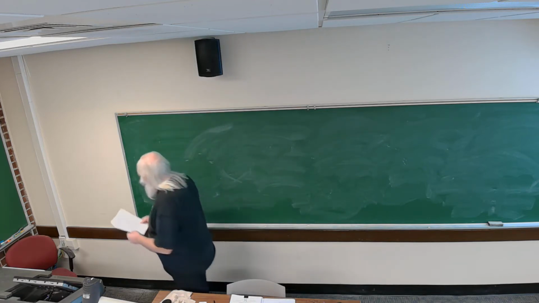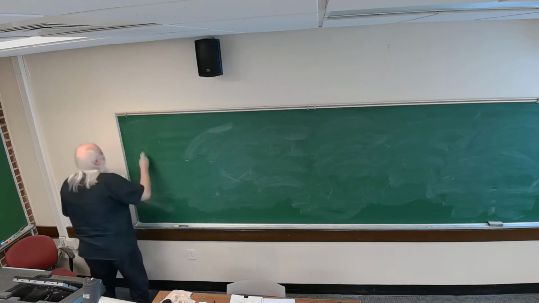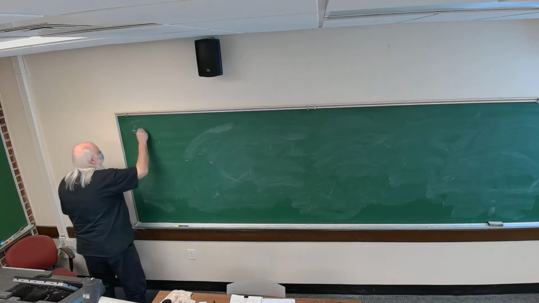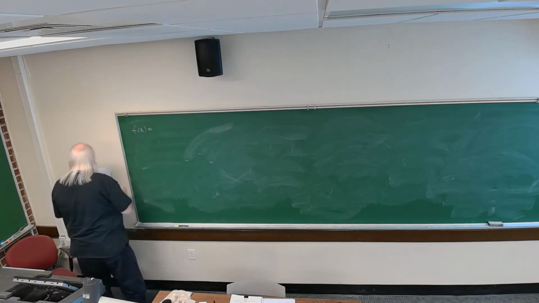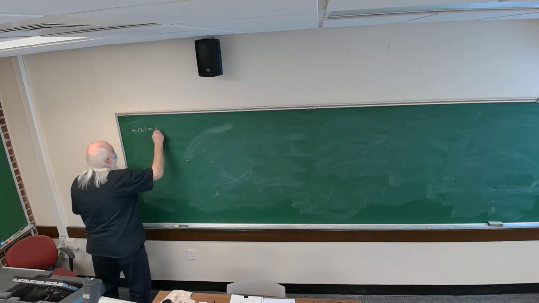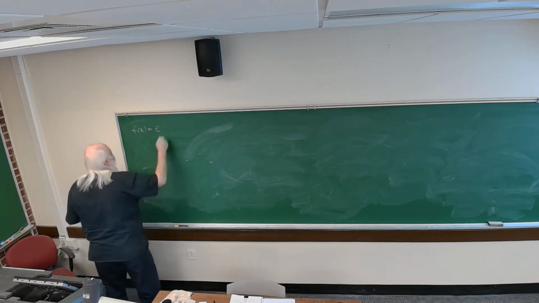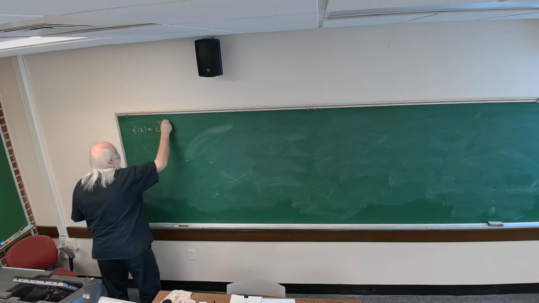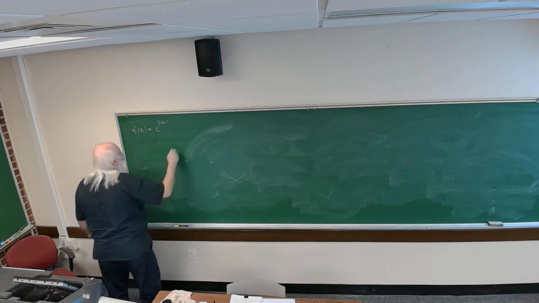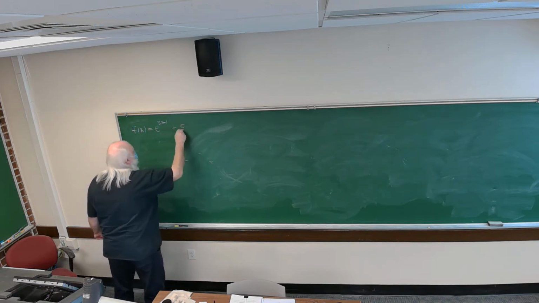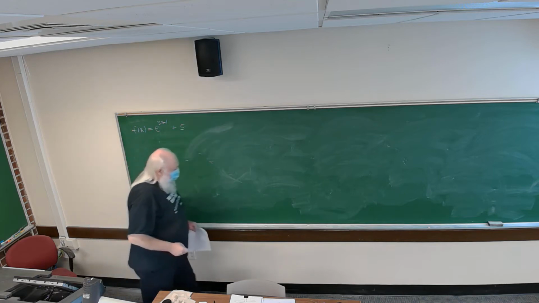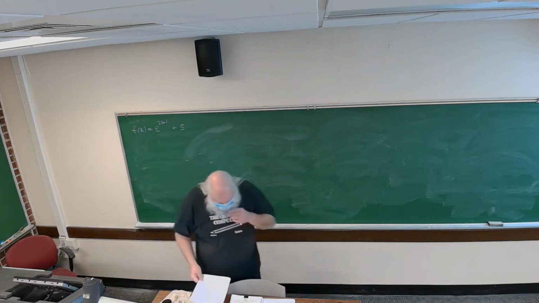So in example 2a, we have f of x is equal to e raised to the 3x minus 1 power plus 5. And we have to find the inverse of that one-to-one function.